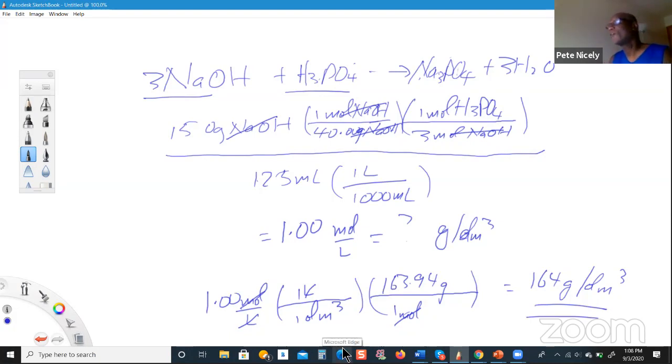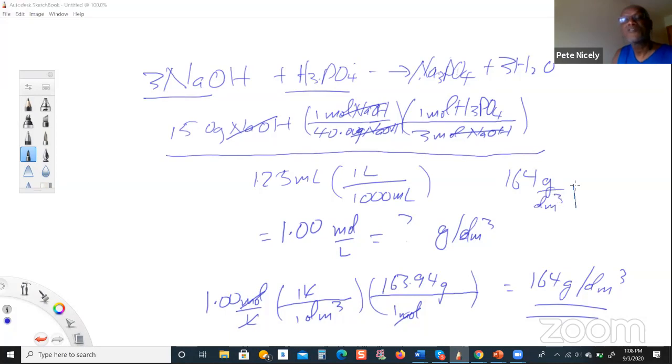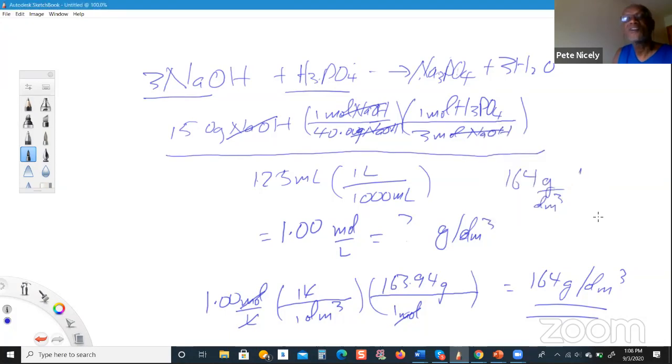And then the answer for the B part is actually quite simple, because basically 164, squeeze it in here, grams per dm cube. If you convert from grams to milligrams, you're going to need to put 1,000 milligrams down here, 1 gram above, and then the next conversion factor I'm going to continue down here would be 1 dm cube over 1,000 cm cube.